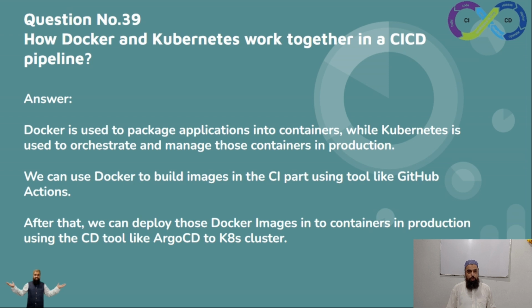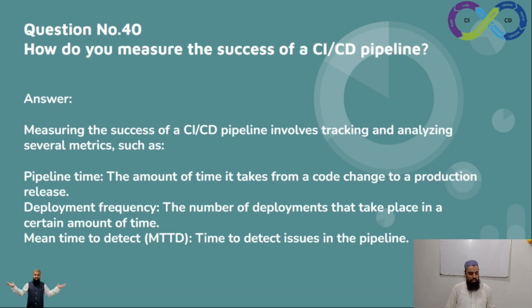And the last question, question number 40, how do you measure the success of a CI/CD pipeline? How can I assure myself that my CI/CD pipeline is a success? So there are three parameters which involve tracking and analyzing several metrics. For instance, pipeline time, the amount of time our pipeline takes to run from a code change to production.